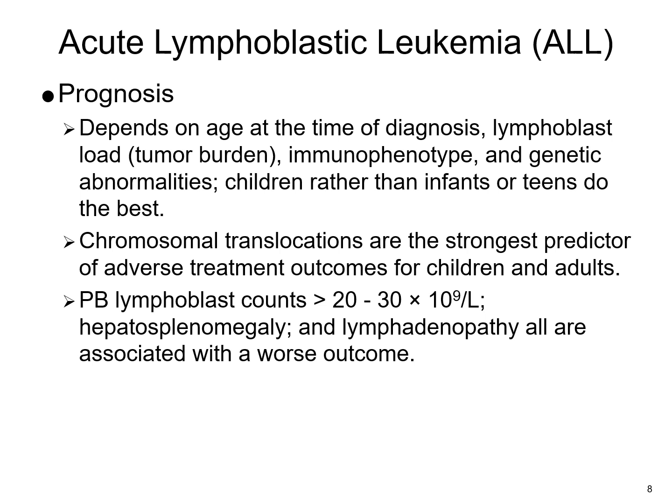Chromosomal translocations are the strongest predictor of an adverse treatment outcome for children and adults. If the peripheral blood lymphoblast count is greater than 20 to 30 and the patient presents with an enlarged spleen or lymph node involvement, it indicates that the outcome will be a little bit worse.